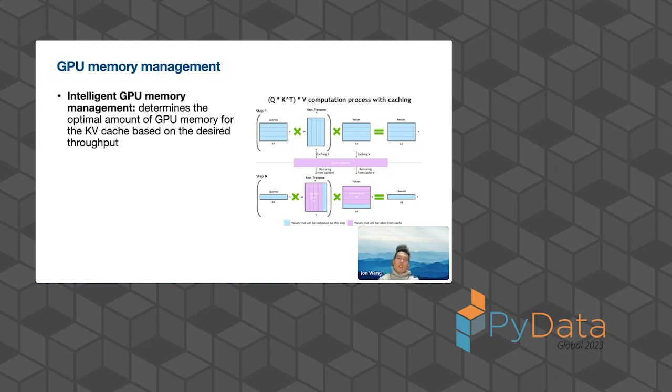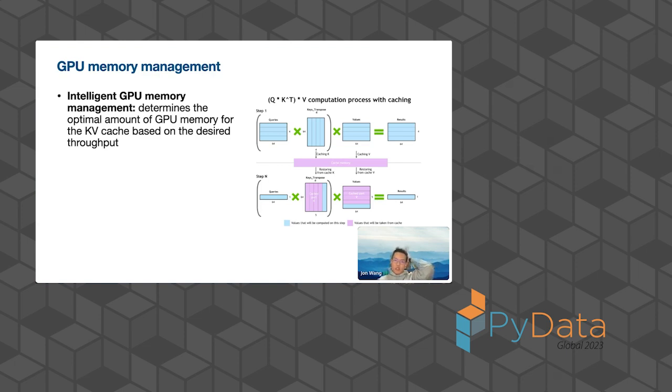And Xinference helps in determining the optimal amount of GPU memory for KV cache based on the desired throughput provided by users. Xinference also ensures that there's no risk of running out of memory during operations, which greatly improves stability.